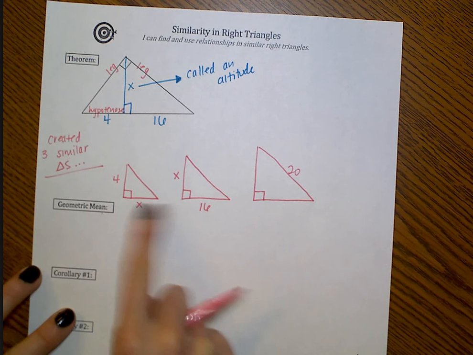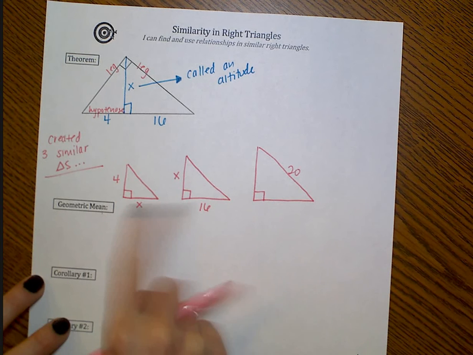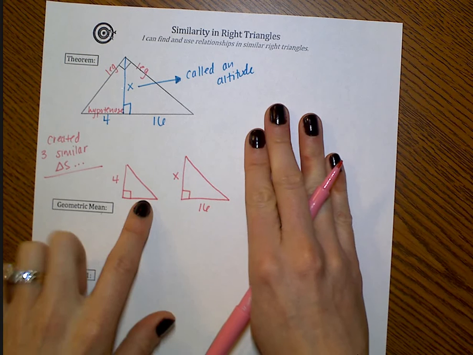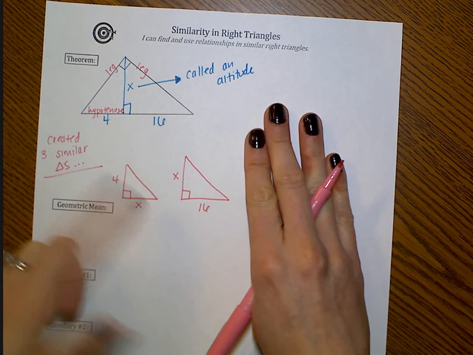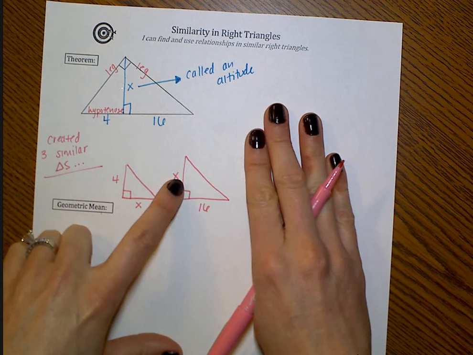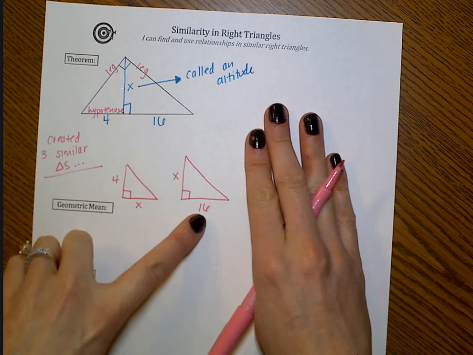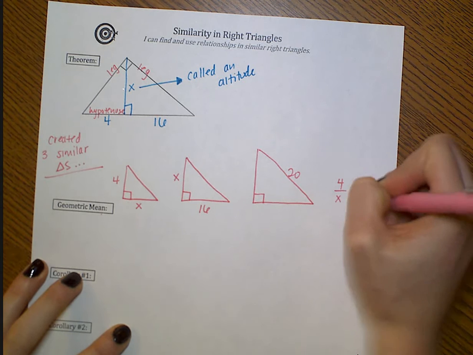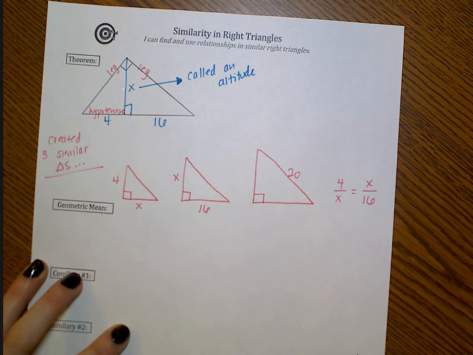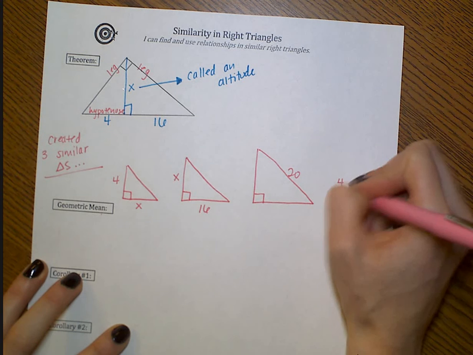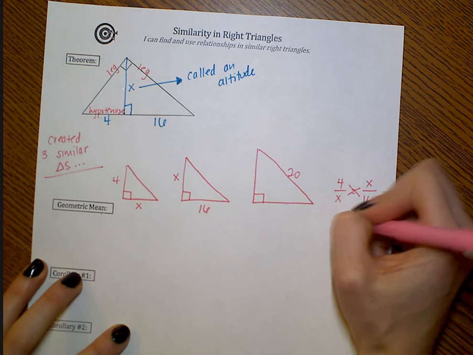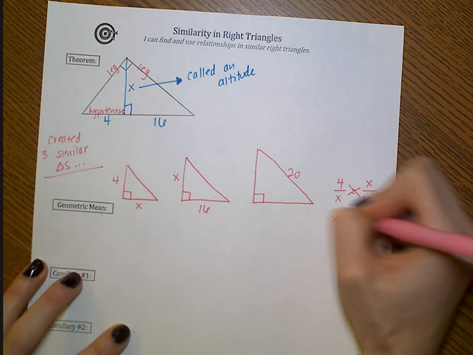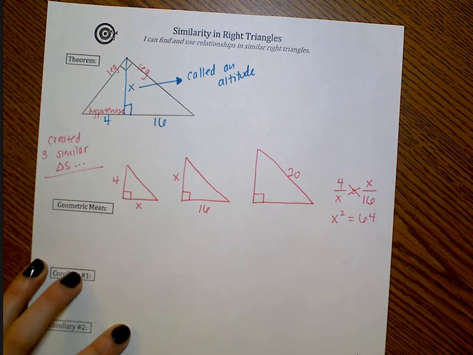If you redrew all of them, you could use the first 2 to set up a proportion. I could do something like 4 over X equals X over 16. I wouldn't even need to use the big triangle. If I cross multiply, I get X times X is X squared equals 64.